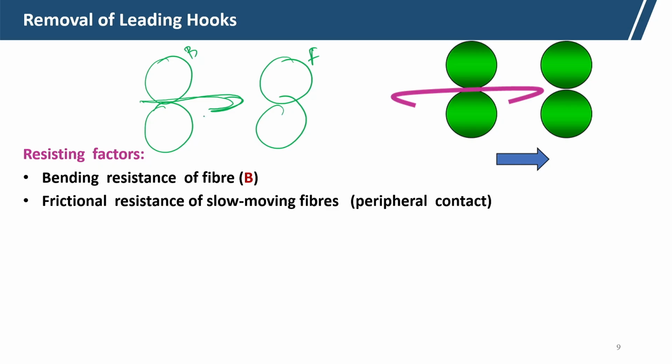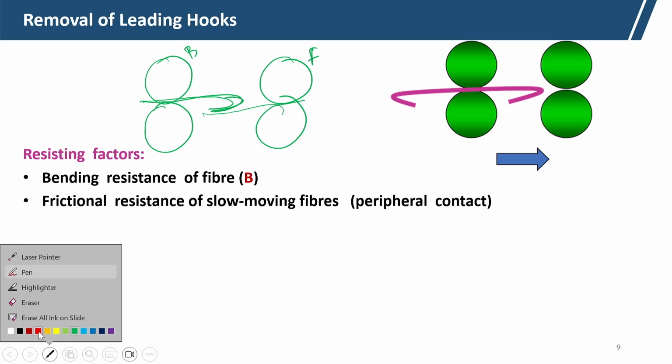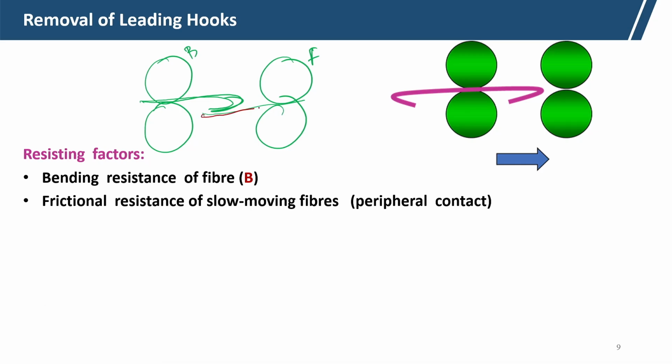Here, this is the fast moving fiber shown in the red color. Now, here the one is the bending resistance, which definitely resists the hook removal of the leading hook.